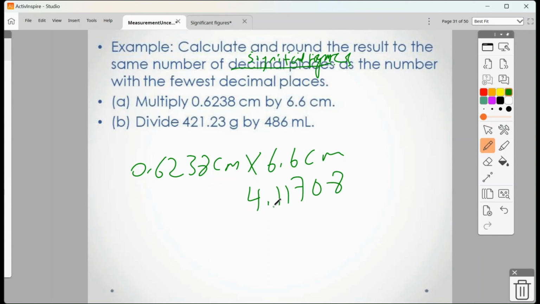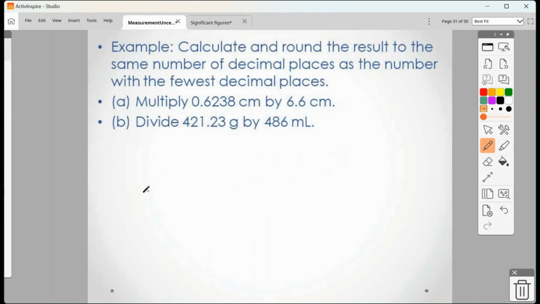Now our answer should have the same number of significant figures as the number with the least significant figures, which is two significant figures. So my answer should be up to here. What do we do to this? It is less than 5, so we leave all this. The answer is 4.1 centimeter square. Let us move to the next example.